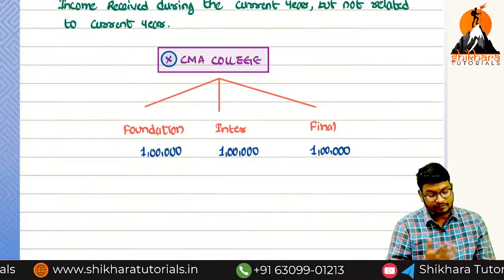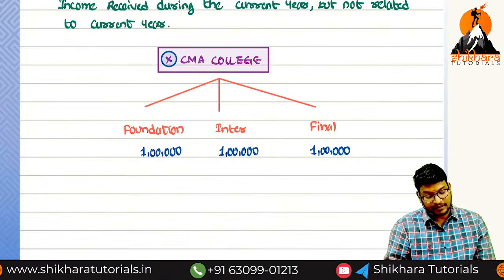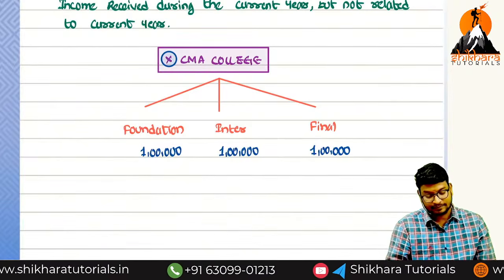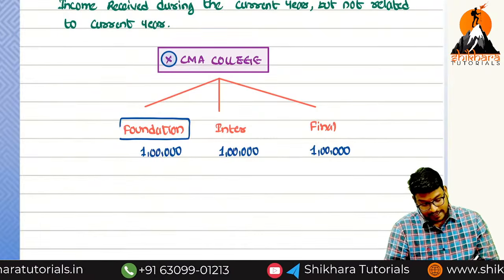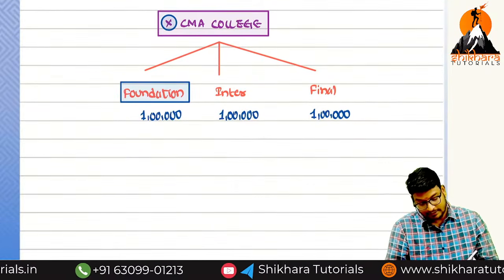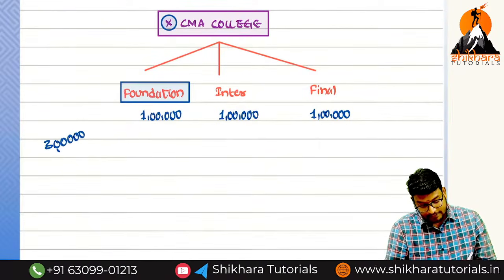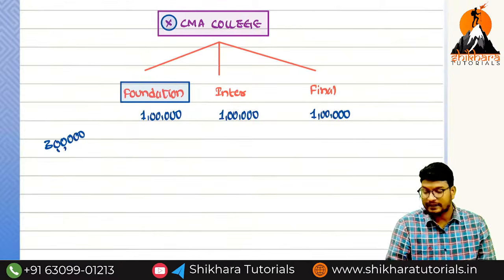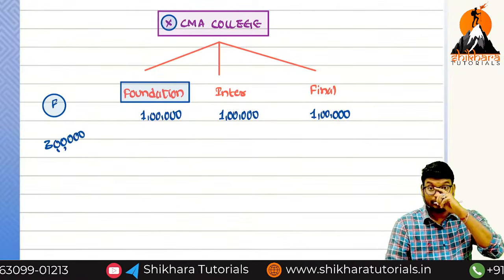So that is the reason I am continuing the same fee structure for the 3 levels. But I have put one policy that if any student joins in foundation, as my policy, they have to pay the total 3 lakhs in the foundation level itself.